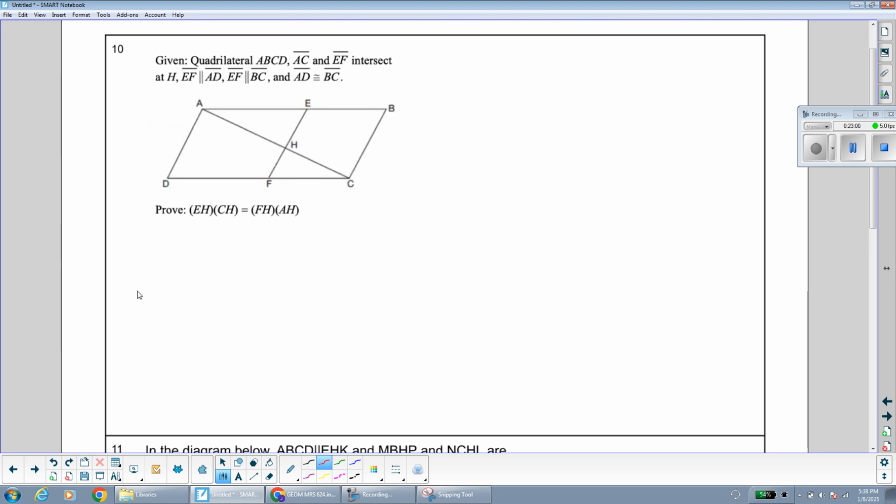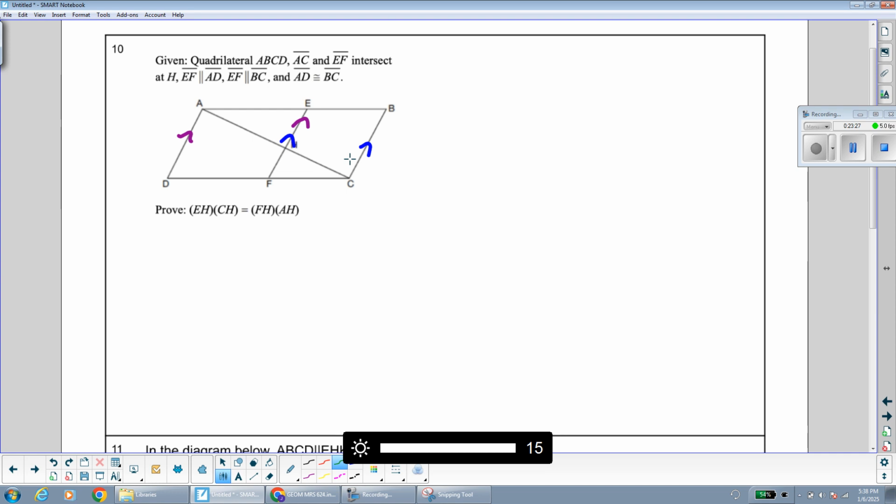So for this one over here, let's see what this one is. We have EF is parallel to AD, and we have EF is parallel to BC. So we can see here that that means that AD and BC have to be parallel to each other. If this is parallel to this and this is parallel to this, then this has to be parallel to this. It's kind of like the transitive property.